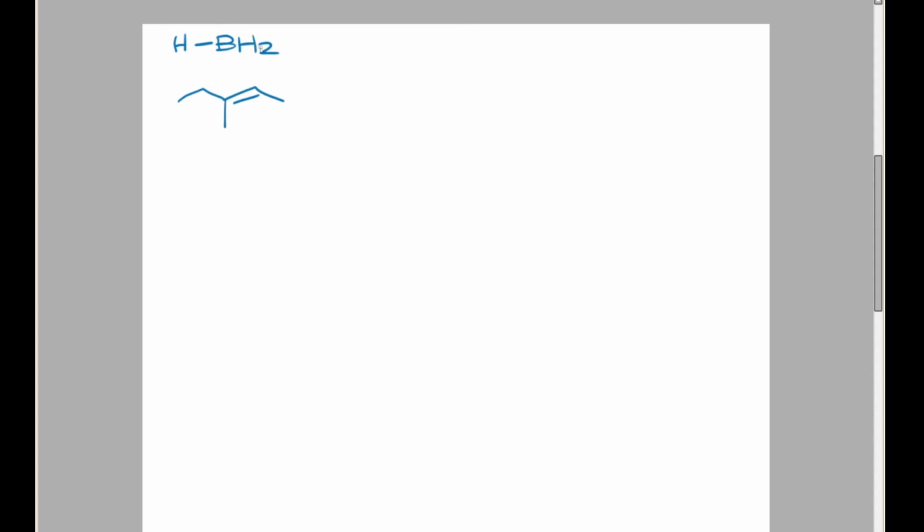And it's going to be a syn addition, which means that both the hydrogen and the BH2 are added to the same side of this alkene, and the hydrogen is going to grab onto the more substituted carbon in this alkene, while this BH2 group is going to bond to the less substituted carbon, like this, and you'll get an intermediate that looks like this.